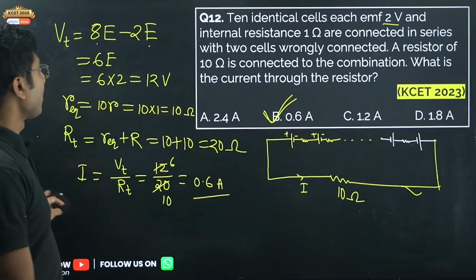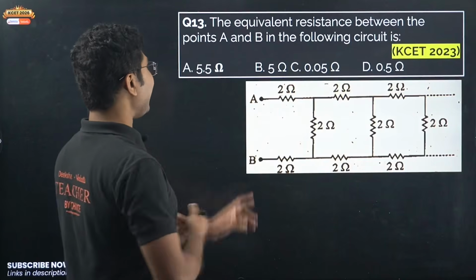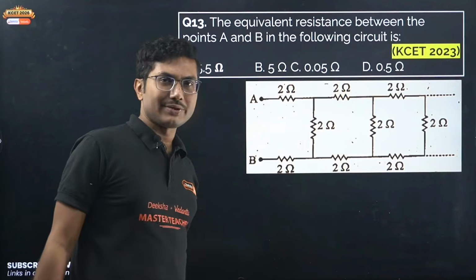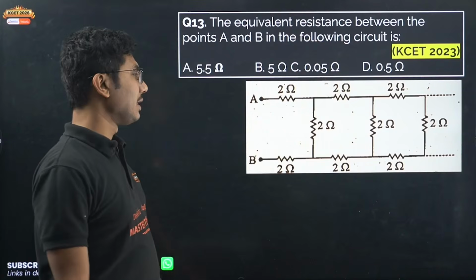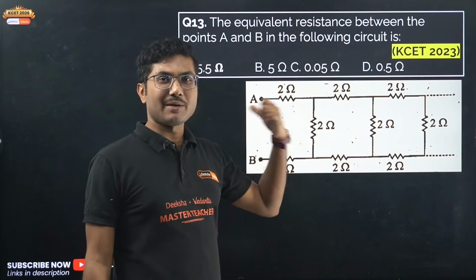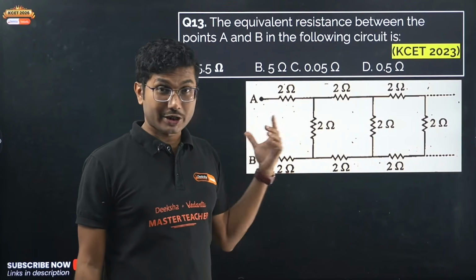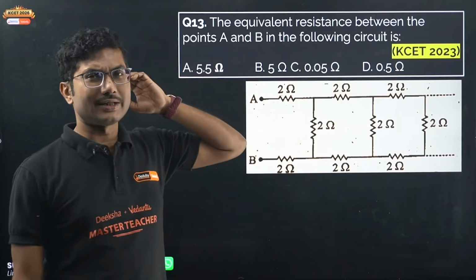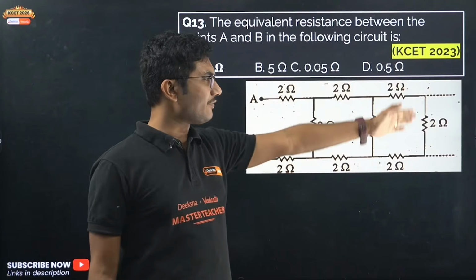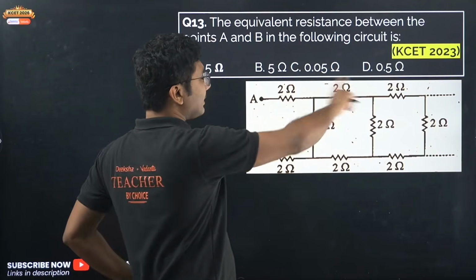Okay, next, the equivalent resistance between point A and B in this following circuit. Now this circuit can be solved. I have solved it during my Sankalp lectures if you have watched it, but today I am going to tell you how to solve such questions in shortcut. If you see any such infinite circuit, like similar pattern, and the resistance can be anything.